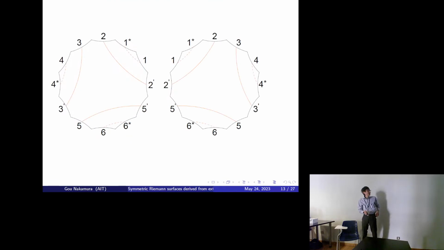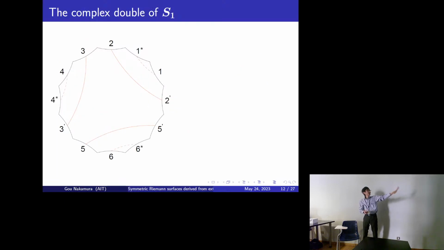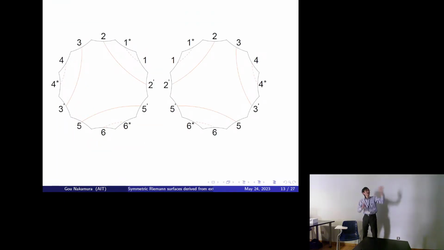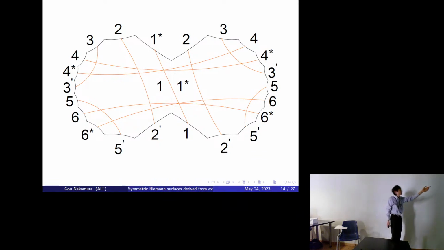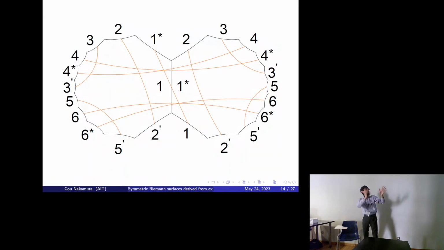Next, this slide shows the left one is the first picture, and the right side is the mirror image of the left side polygon. Then I connect the 2 polygons like this. The difference is that the left side 1 is pasted to the right side 1 star.